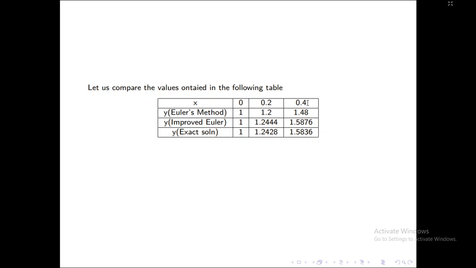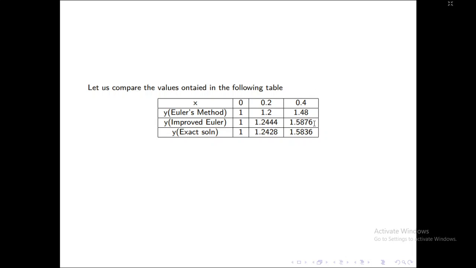And when we go to the next point, the value of y at 0.4, the error becomes larger. Here the difference between the value in improved Euler's method and the exact solution is of the order of 0.004640, etc. But the difference between the exact solution and Euler's method is 0.1, so that's much larger than improved Euler's method.